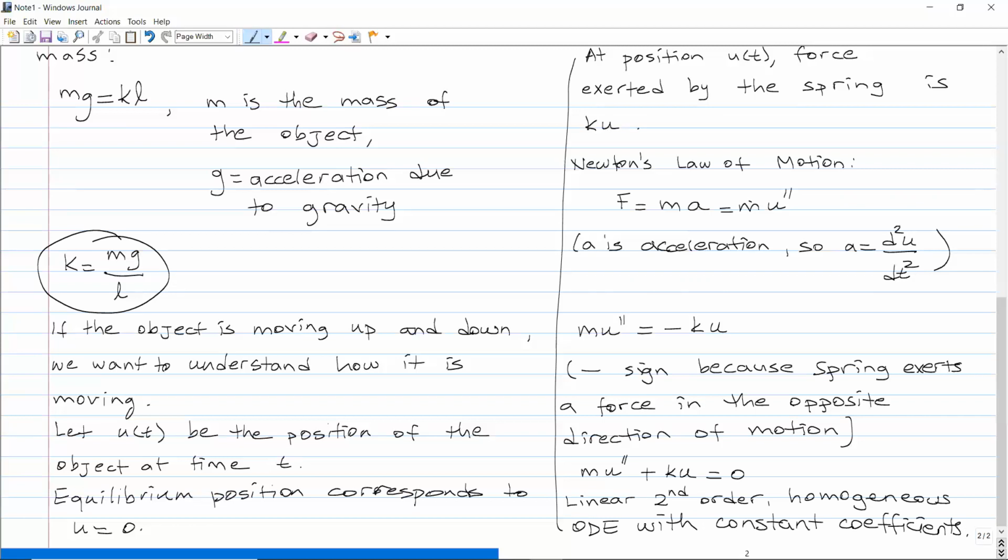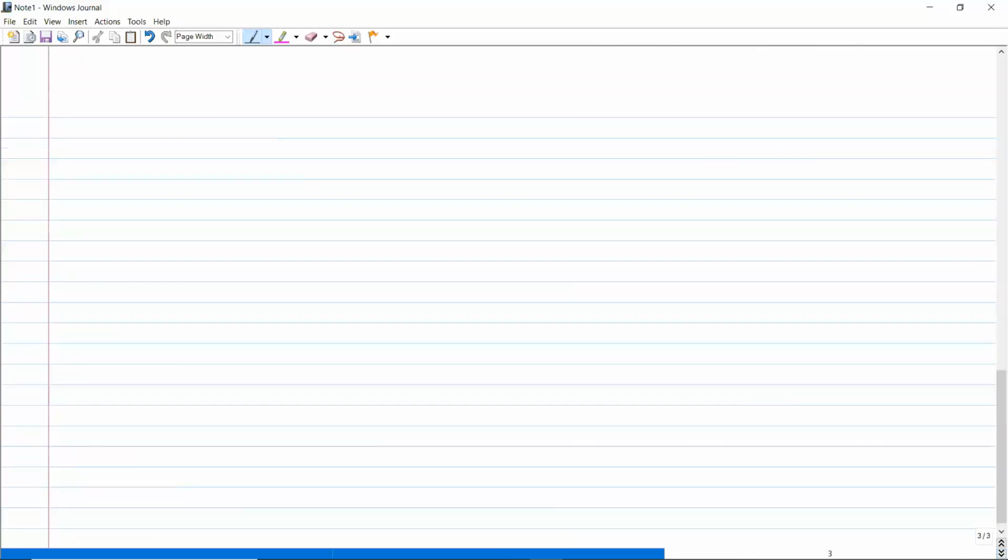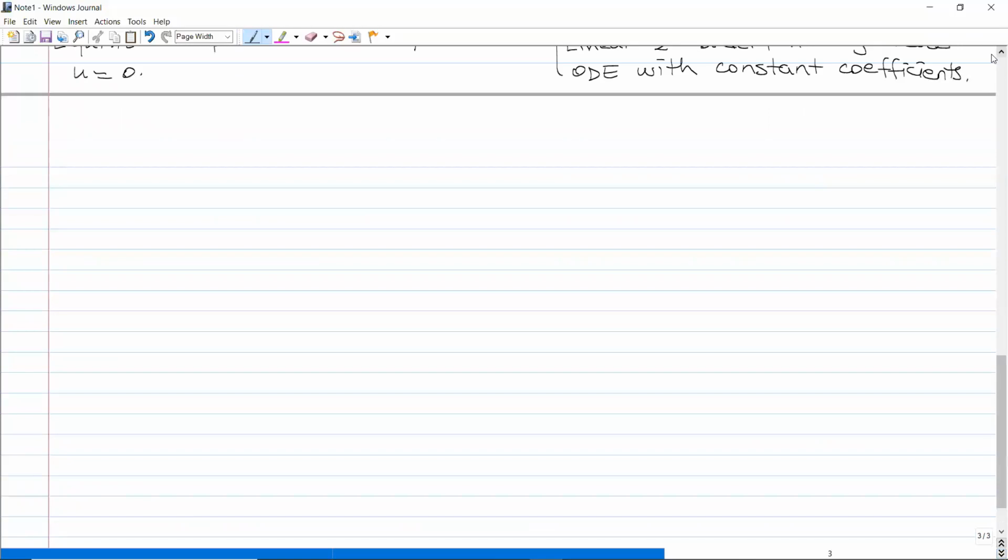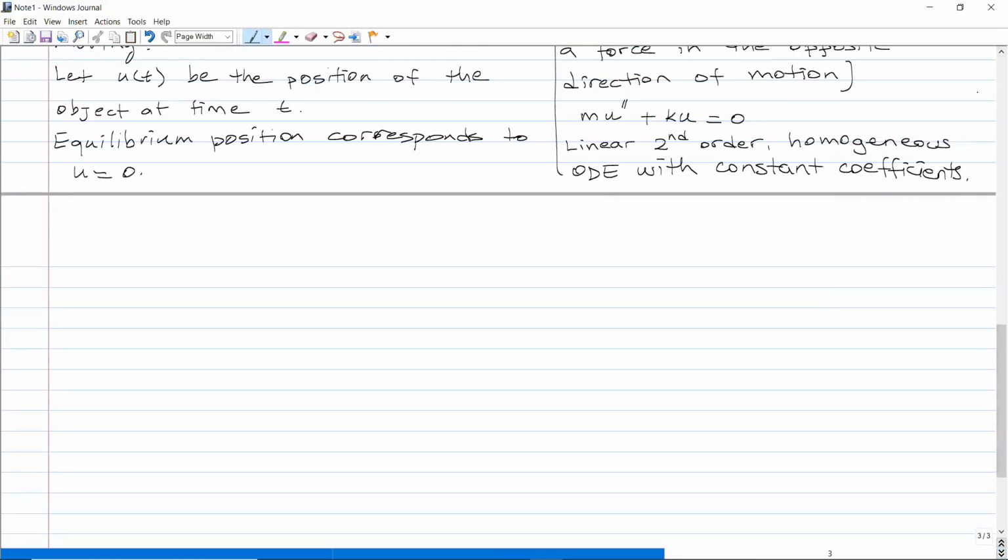And we know how to find solutions of such equations, right? We consider the characteristic equation. So let me rewrite the equation here. m u double prime plus k u equal to 0. Remember, k is mg over L. m is the mass.